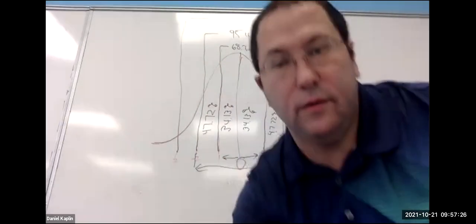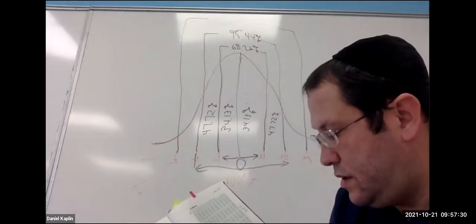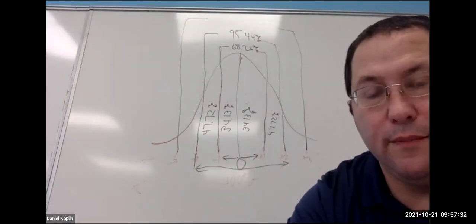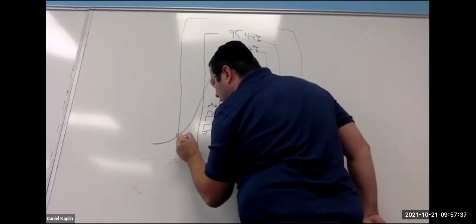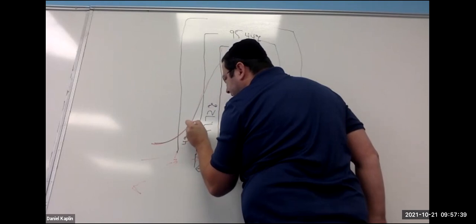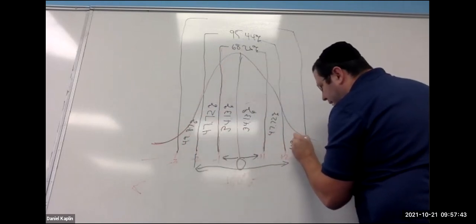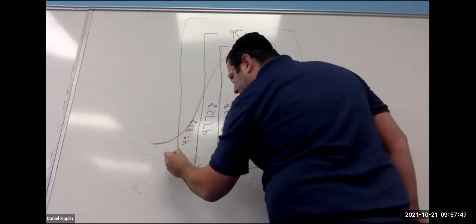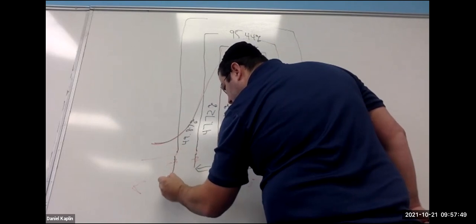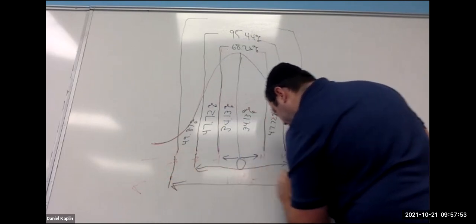I would go down to my book again, find 3.0, and then I have 49.87. 49.87% here, 49.87% here. So now again, if I'm looking for 3 standard deviations, I'm comparing all the way across.